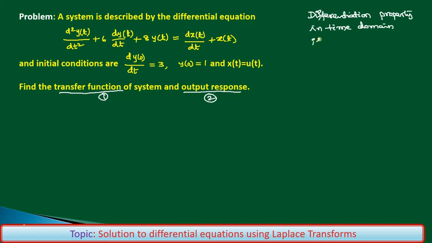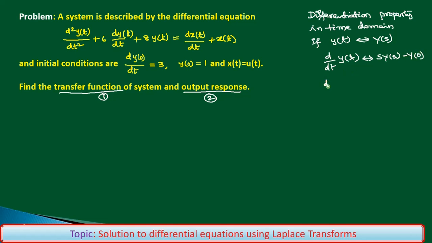If the signal is y of t, then its Laplace transform becomes y of s. Suppose we take the derivative of y of t, d by dt of y of t, then the Laplace transform is s into y of s minus y of 0.